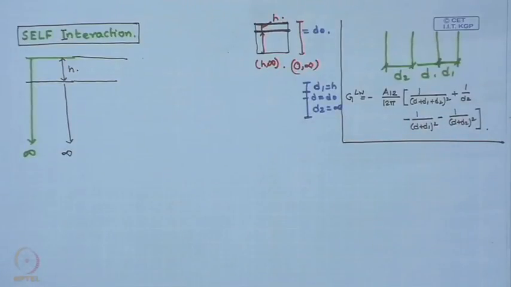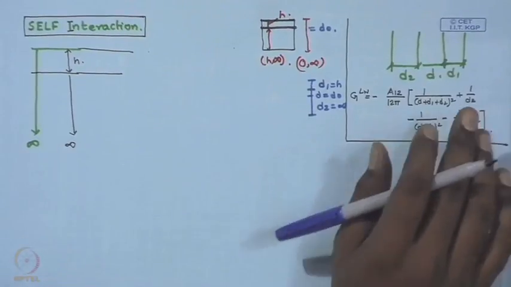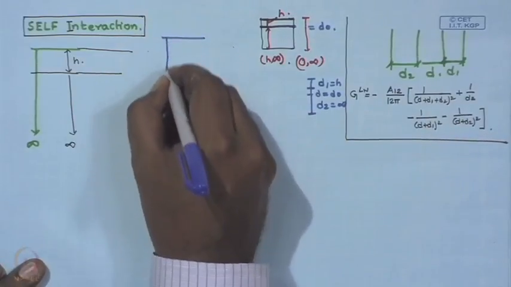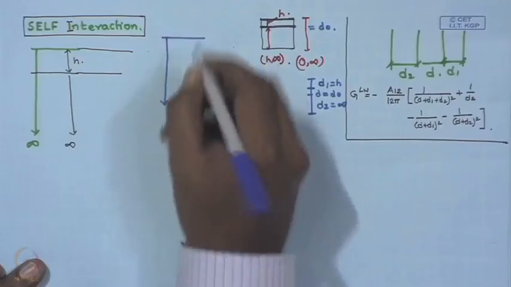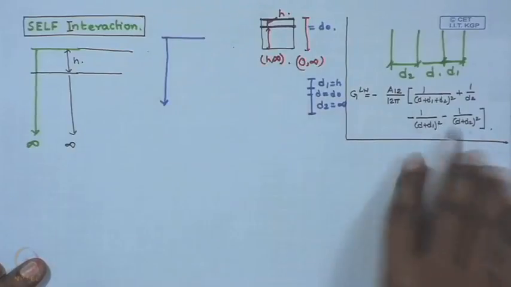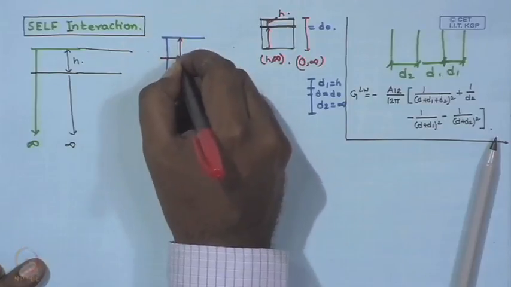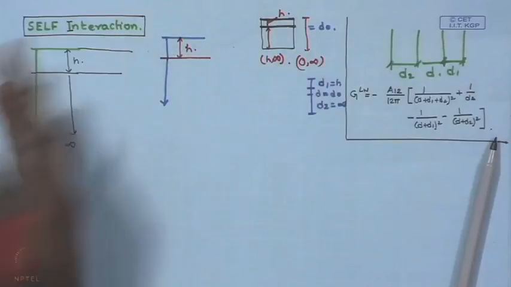So, I will repeat what I have done. I have taken a block of, let us say, material 1 which is semi infinite, and at a distance h I have created an interface. So, I have applied some energy.